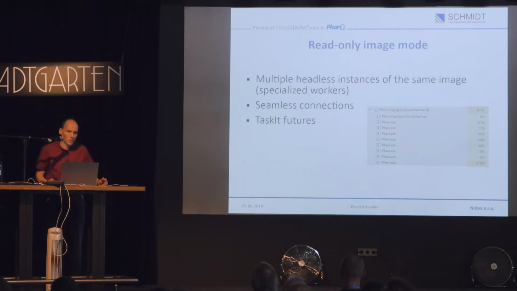For this purpose, we needed to do a read-only image mode in Pharo, so it allows us to really open the same image multiple times with different tasks, communicate between them using Seamless, and use TaskIt features to organize the tasks that need to be done. It seems to work quite nicely.